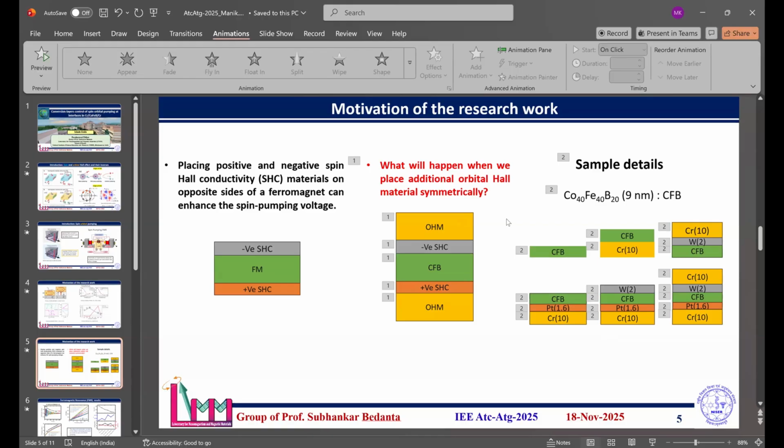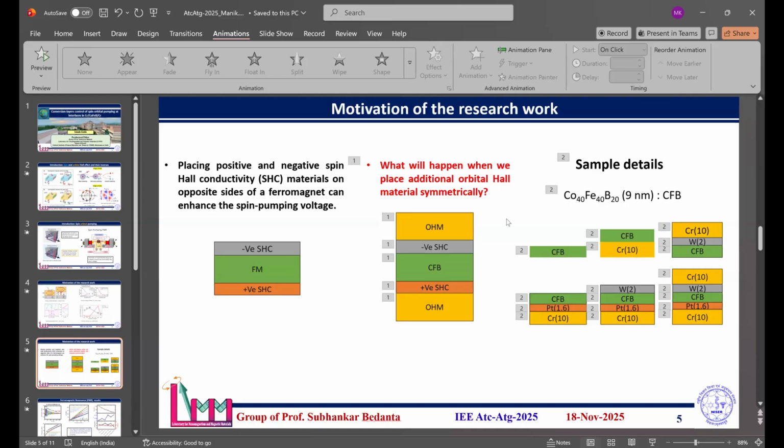So actually, you have used very thin platinum and tungsten layers, right? Now your exchange correlation lengths are, I guess, more than those thicknesses. So will it hamper, like chromium is generally antiferromagnetic, and then your CoFeB is ferromagnetic?